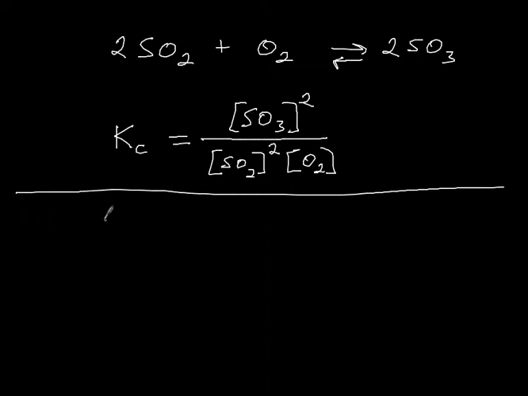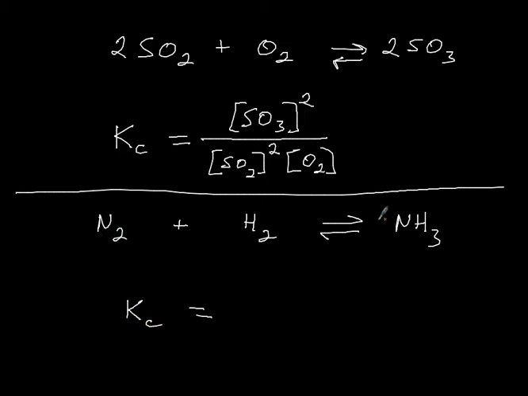Let's do another one. Another one that we will be looking at as an industrial process is the conversion of nitrogen and hydrogen into ammonia. So nitrogen gas plus hydrogen gas producing ammonia gas. And again, if we're going to do the equilibrium expression, we need to balance this reaction.